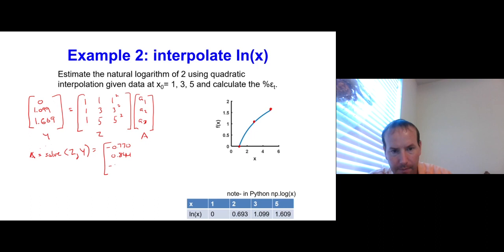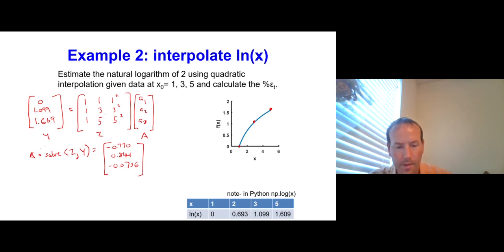And what you get back from Python should be this little vector. So this is the coefficients.